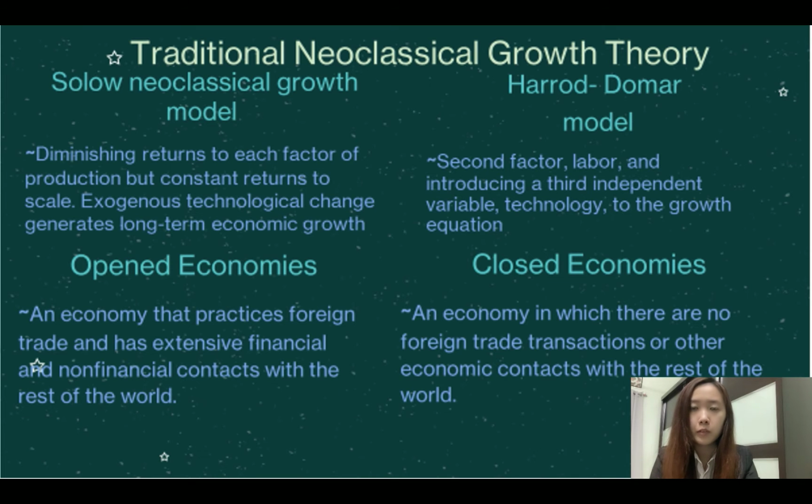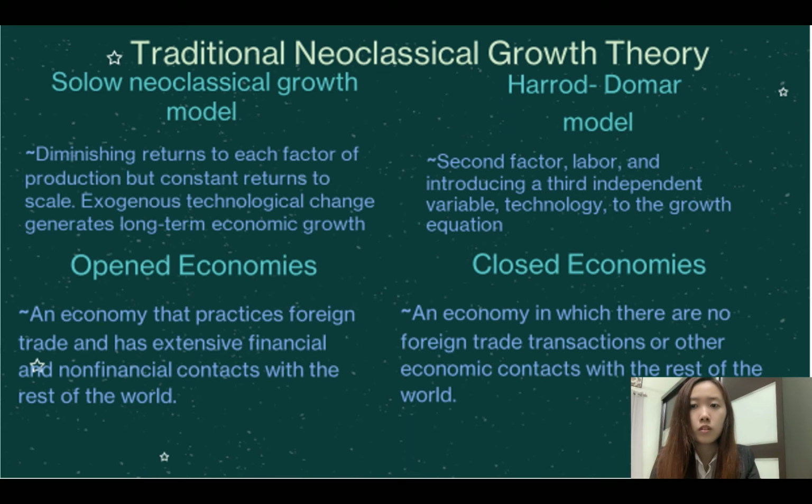There are some differences between the Solow neoclassical growth model and the Harrod-Domar model. The Solow neoclassical growth model has diminishing returns to each factor of production but constant returns to scale. Exogenous technological change generates long-term economic growth, while the Harrod-Domar model adds a second factor, labor, and introduces a third independent variable, technology, to the growth equation.